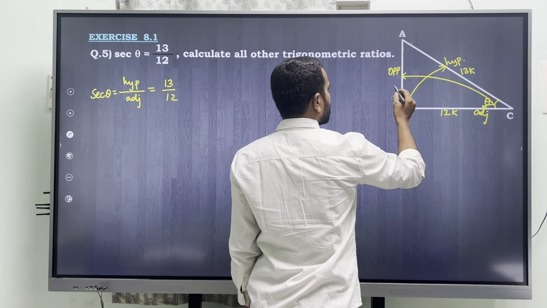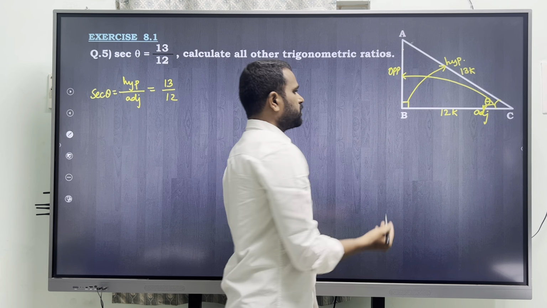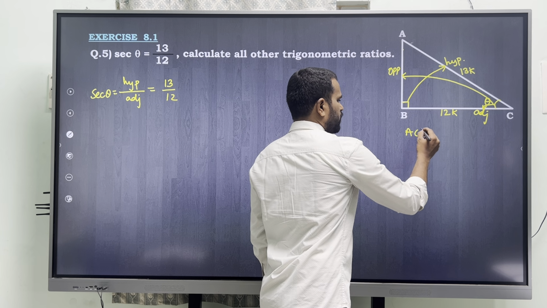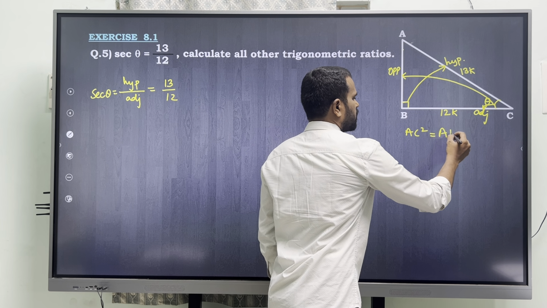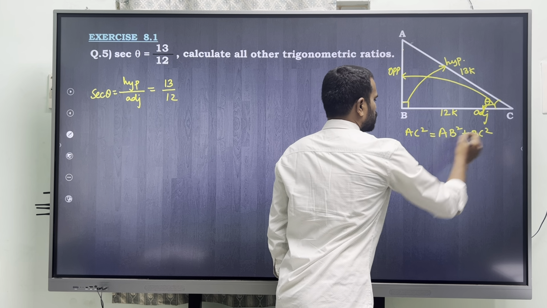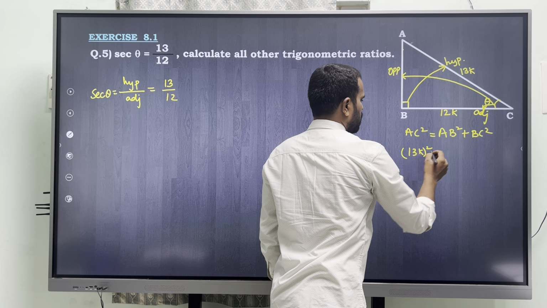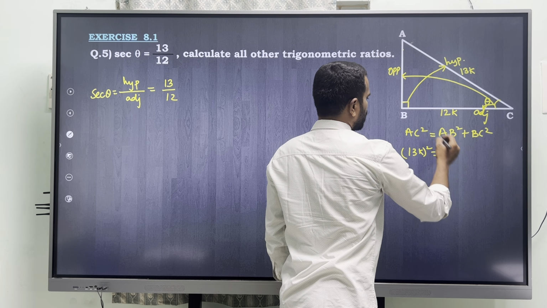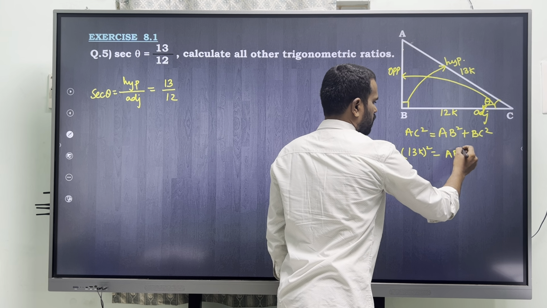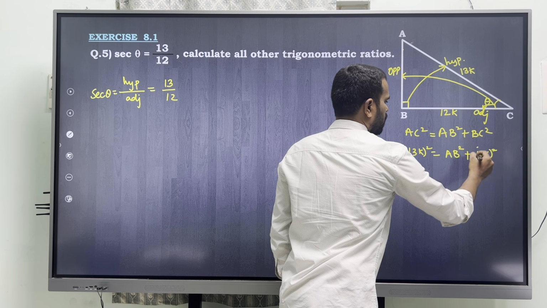So I have to find this side first of all. So from the Pythagoras theorem, hypotenuse square is equal to the sum of the squares of the other two sides, right? So AC is 13k whole square, equal to AB, which we don't know and have to find, plus BC which is 12k.